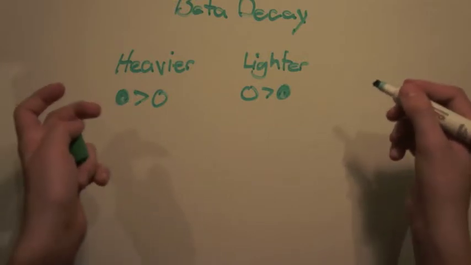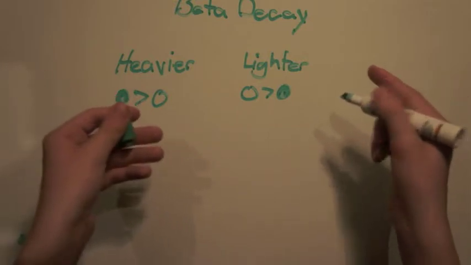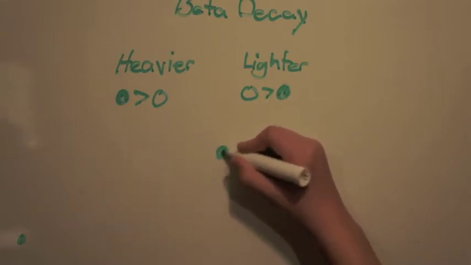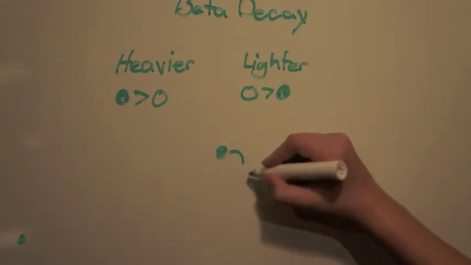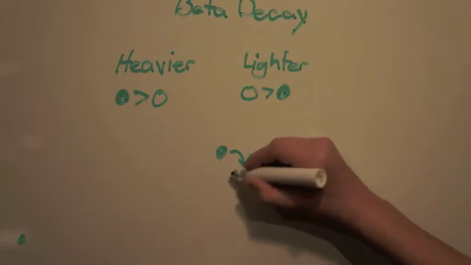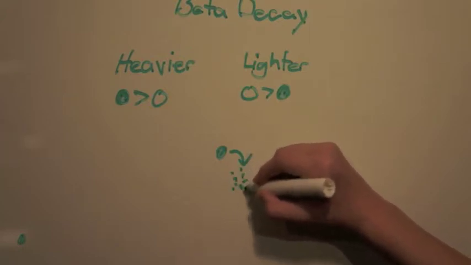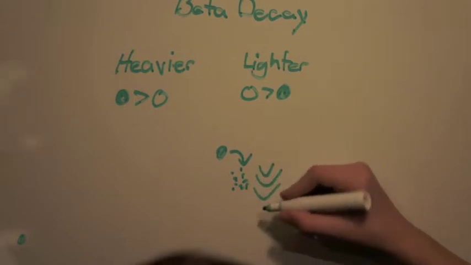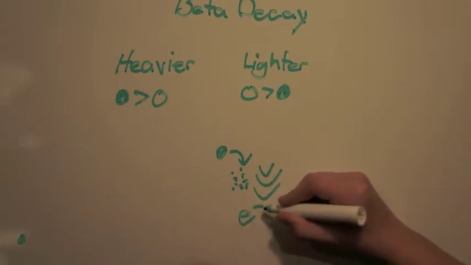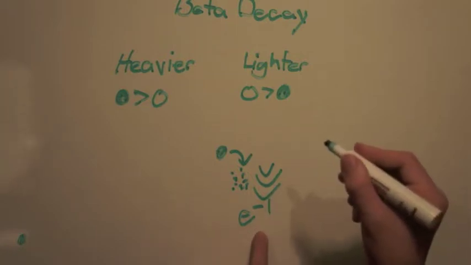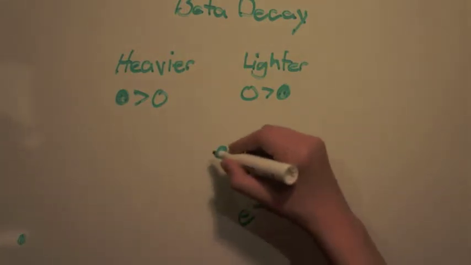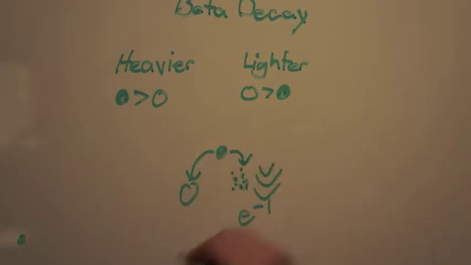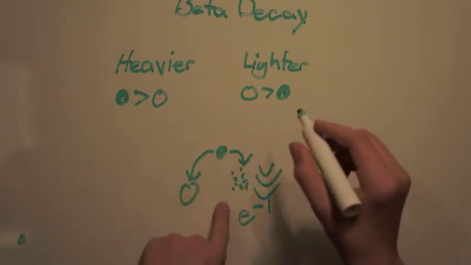And when it becomes unstable, the nucleus decays. So say if you have a neutron. The neutron decays by spitting out radiation in the form of particles or electromagnetic waves. This is pretty much one electron comes out of that. It also gets turned into a proton. And that's what beta decay is.